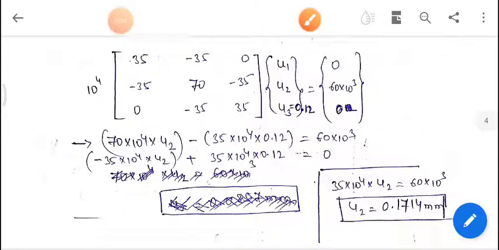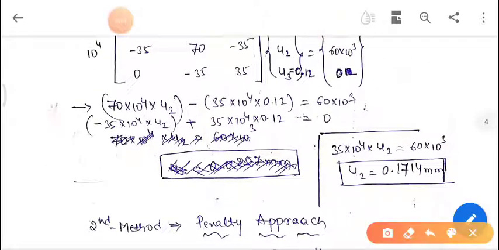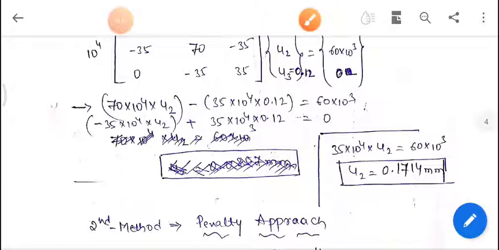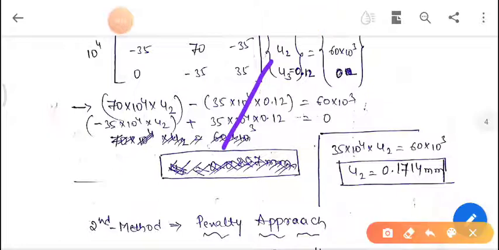If you simplify these two equations, the simplification is very easy here. If we add the two equations, minus 35 into 10 raised to 4 into 0.12 and plus 35 into 10 raised to 4 into 0.12 get cancelled.